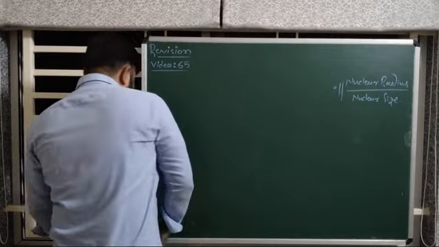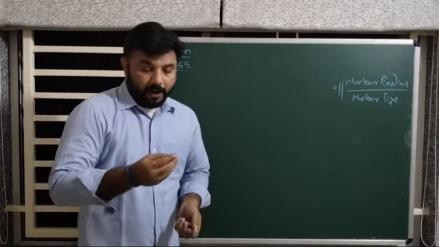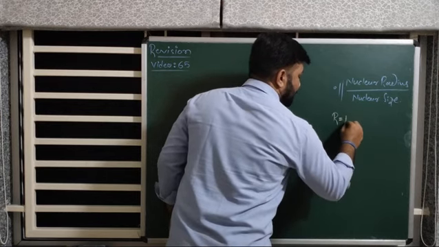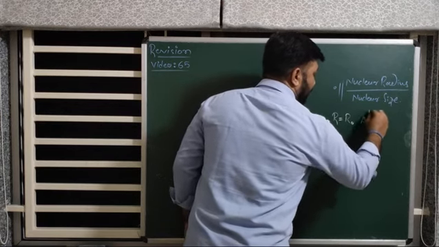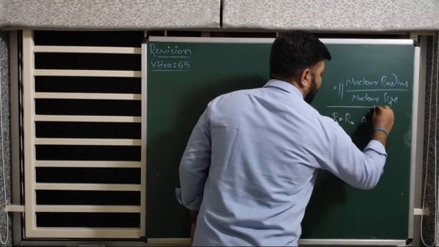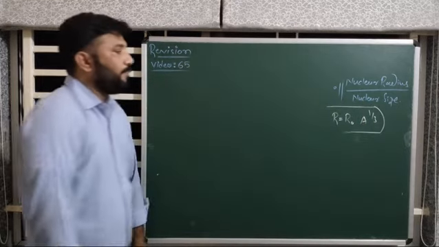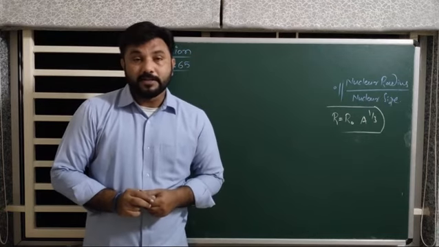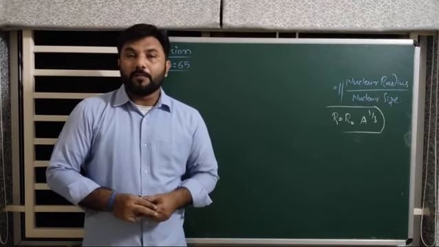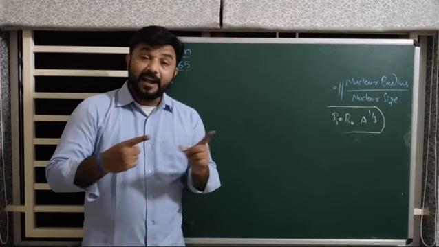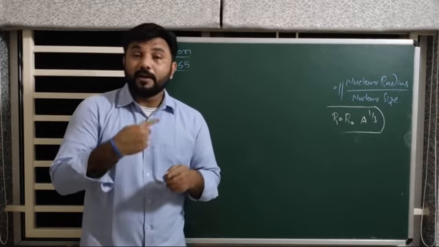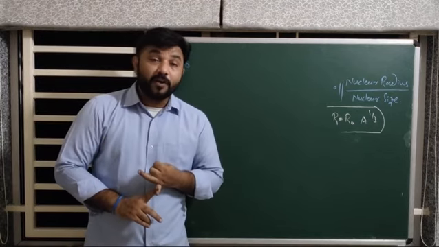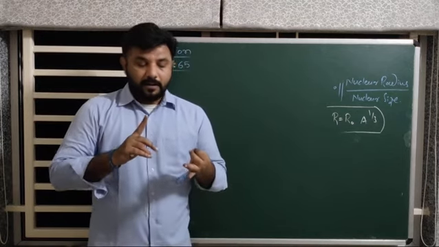Almost the entire topic is based on that equation only, right? And the equation is R is equal to R0 A raised to 1 by 3. So what was the starting of the size of nucleus? Rutherford's atomic model, that experiment, alpha particle incident on gold foil, and then a study of alpha particles.